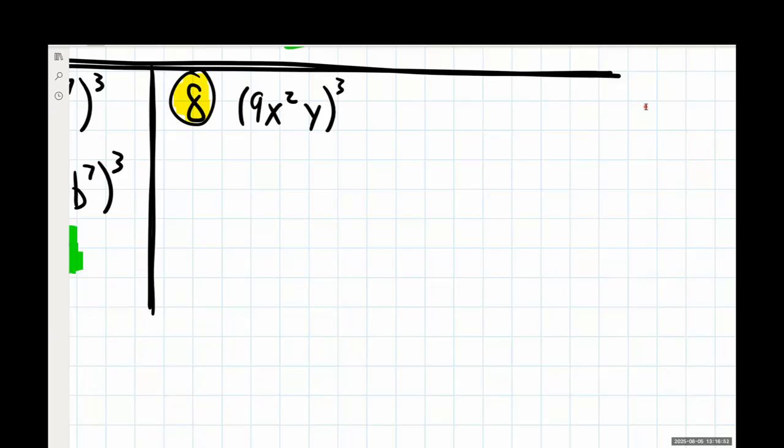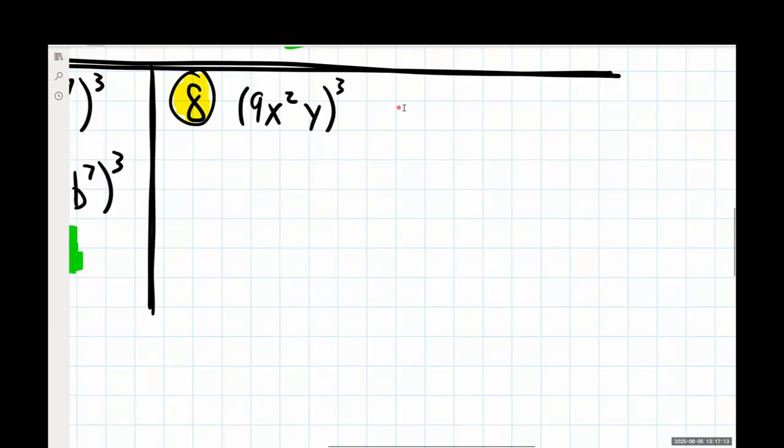The first route that we could take for organizing this is noticing that I have a product of things inside the parentheses. I have 9 times x squared times y, and this entire product is being raised to the third power. We saw that with example 7 yesterday.